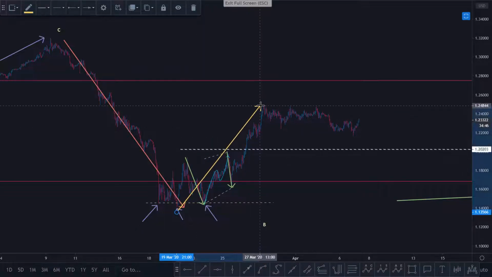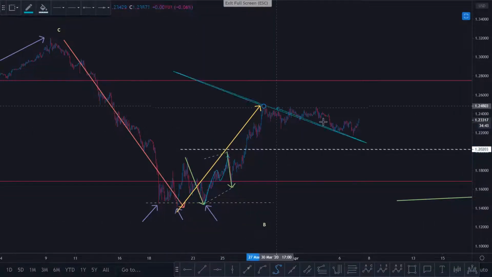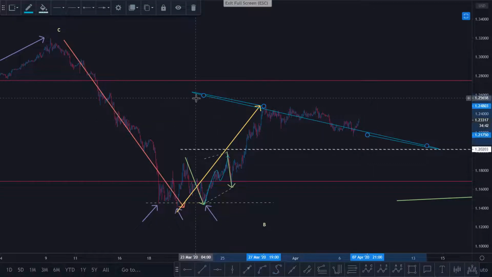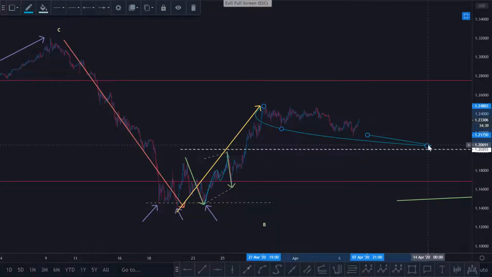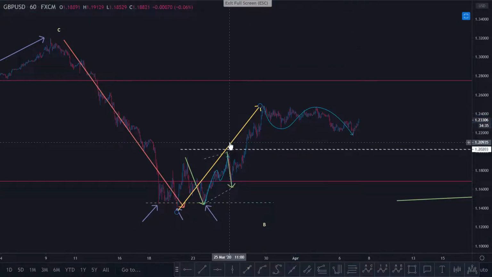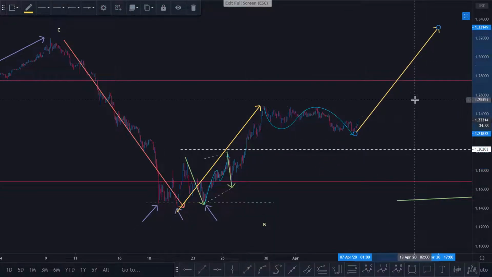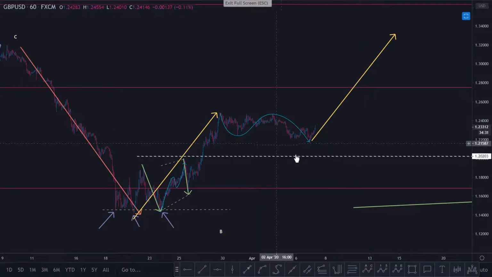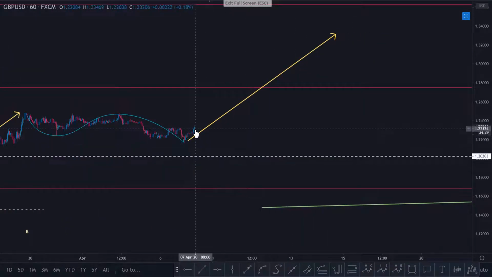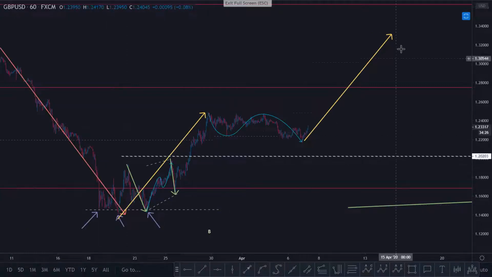We've gotten this impulse, and now what we're looking at is a correction. And what we've shown many times before, what we expect to follow, and what it looks like we're starting to get already, is an impulse to the upside.